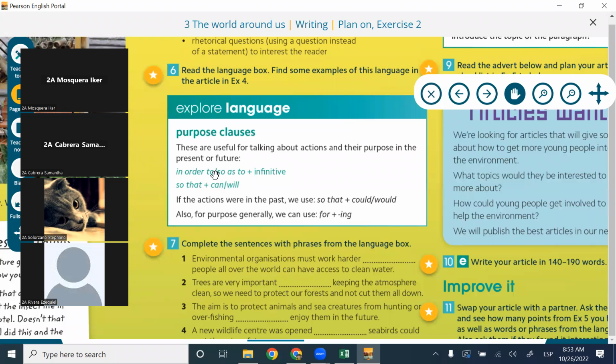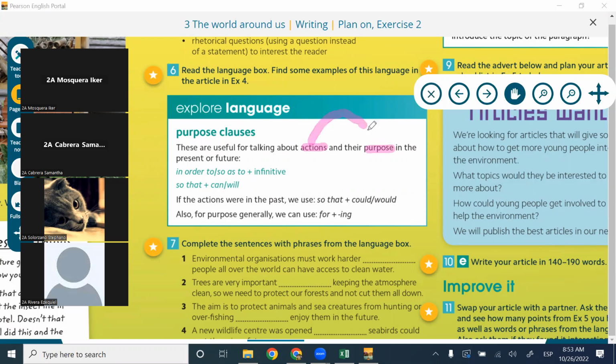Okay, so in the articles, okay? Iker, continue. What are purpose clauses? Purpose is a reason. Remember, everybody, that purpose is a reason. But in this case, we are going to use this purpose and reason with two ideas. We talk about the actions that you are going to do and the purpose.